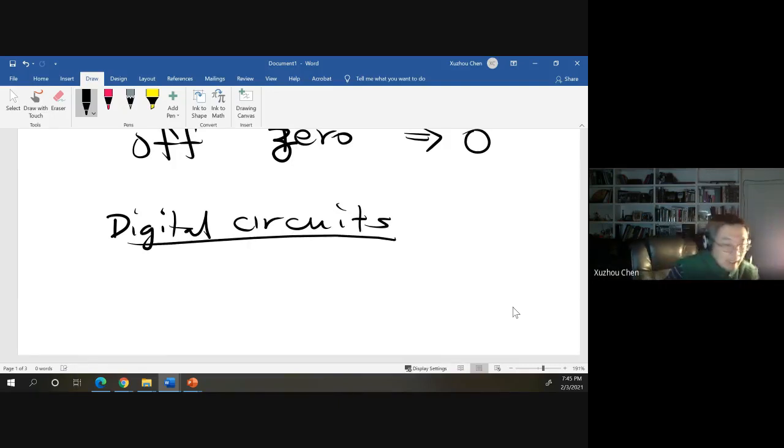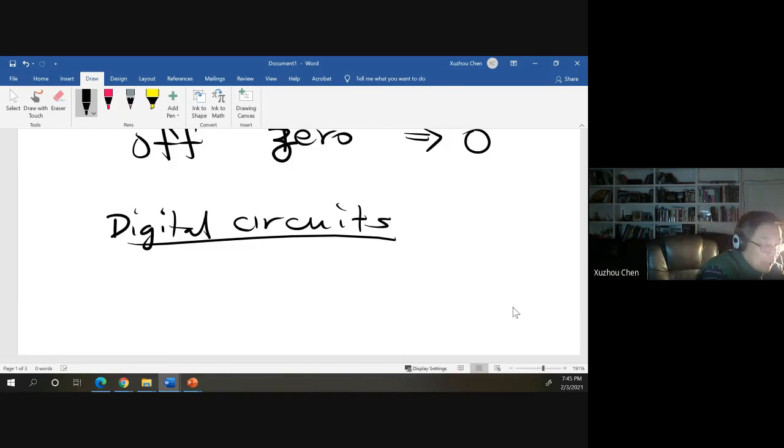Now in modern days, digital circuits could be an electronic device, or integrated circuits, which contain millions or even billions of electronic switches inside these silicon components.